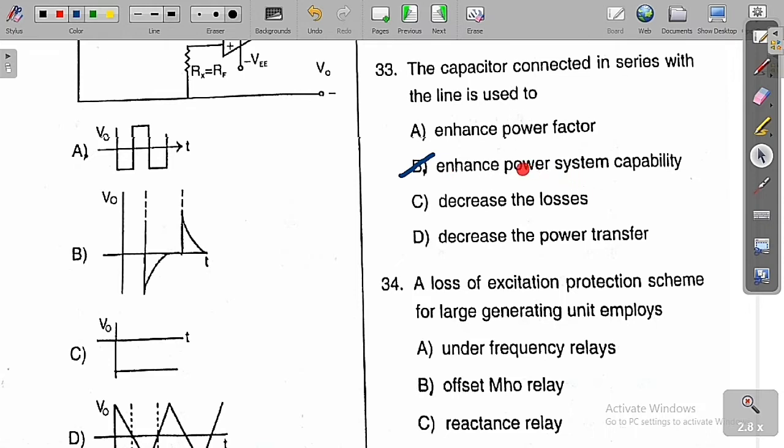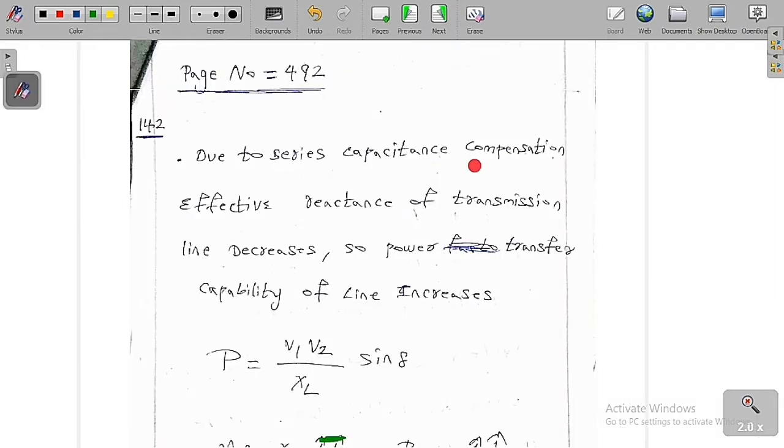So now we'll discuss something more about this. Due to series capacitance compensation, the effective reactance of the transmission line decreases. So the power transfer capability of the line increases, because the overall power transfer P is equal to V1 into V2 by XL into sin delta.